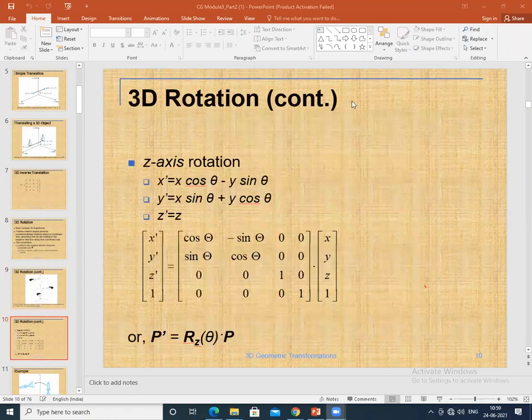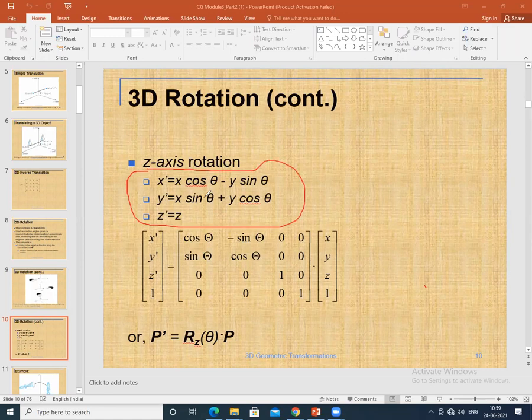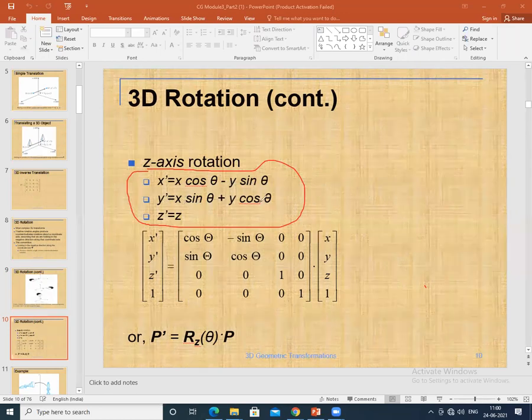The equations for a z-axis rotation are shown here: x dash equals x cos theta minus y sin theta, the same as in the two-dimensional rotation we stated. y dash equals x sin theta plus y cos theta, and z dash equals z only. We represent this as a multiplicative factor using the homogeneous coordinate system.